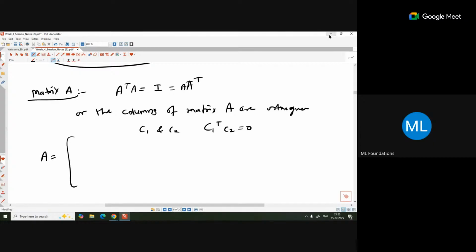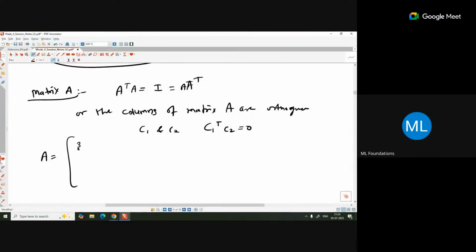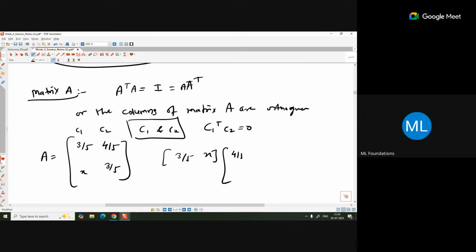So our matrix A is what? Here it is 3 by 5, 4 by 5, 4 by 5, x, and 3 by 5. And we know that it is orthogonal, so I use this part to check. Let's say this is C1, this is C2, and C1 transpose C2 should be equal to 0.